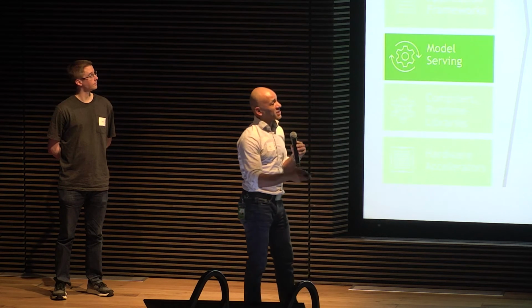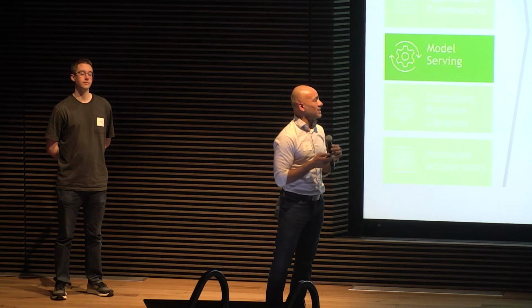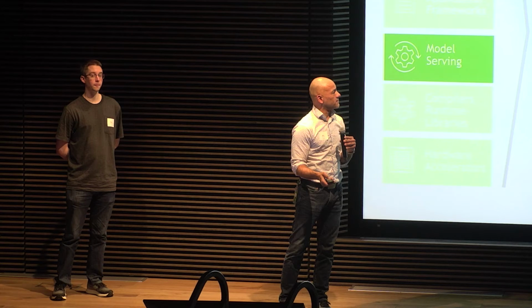Real-time, batched, or audio and video streaming is a capability the engineering team has invested heavily in to make sure that the product can also support different query types. And then finally, different hardware, on-premise, cloud, and different platform types as well.